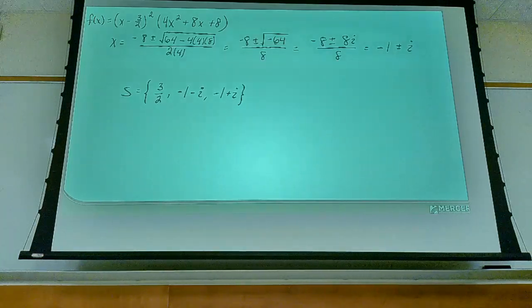You didn't notice what was an option? 2 positives, 2 complex. It is an option, right? It's the second one: 2 positives, no negatives, and 2 complex.